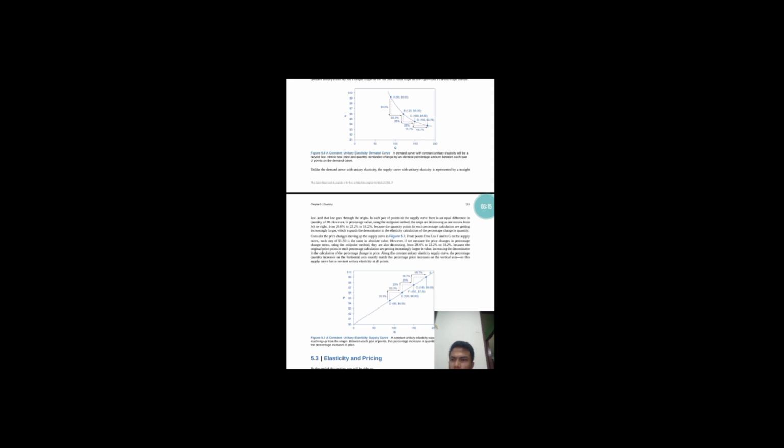Consider the price changing, moving up the supply curve in Figure 4 from points D to E to F and G. Each step of $1.50 is the same in absolute value.